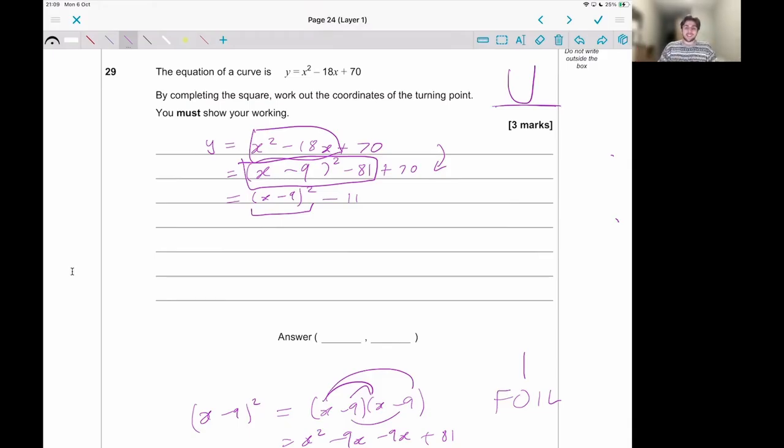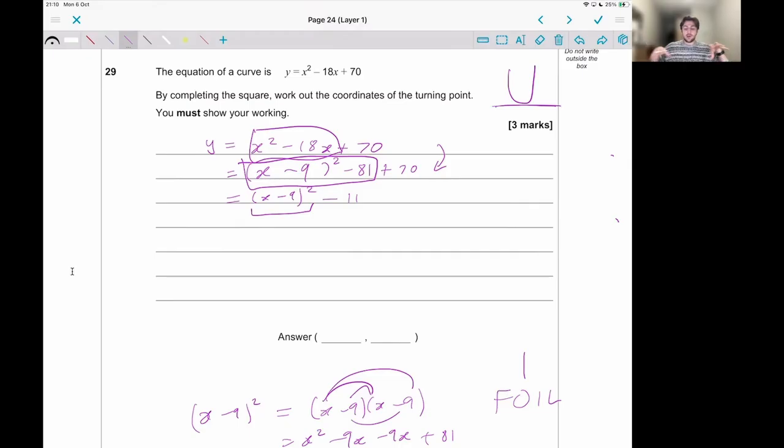Squares are always positive. If I take a positive number and I square it, I'll get a positive number. If I take a negative number and I square it, I'll get a positive number. So it's always positive, except for 0, because 0 squared is 0. So the smallest that this x minus 9 squared can be is 0.